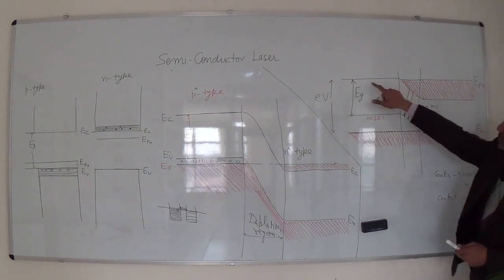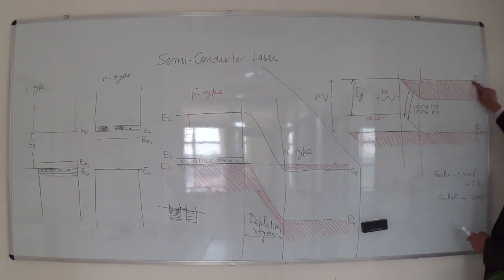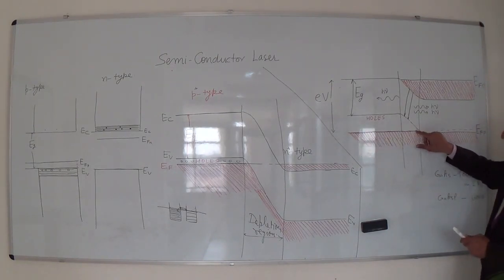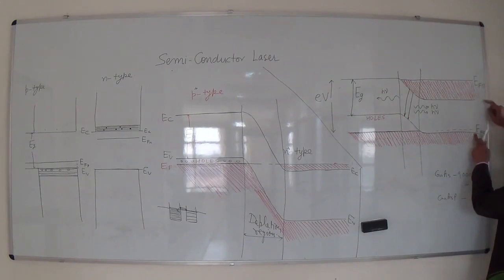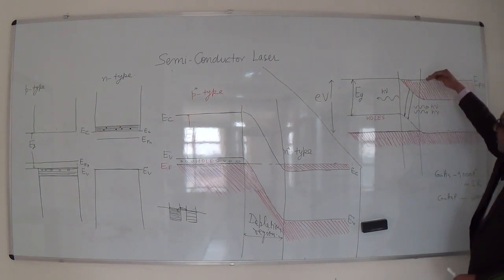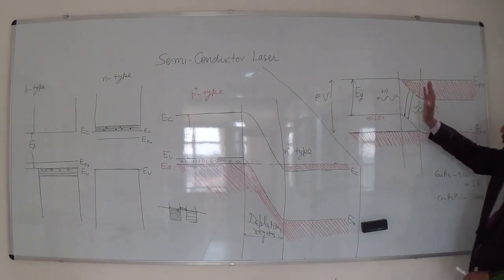This energy level is the bottom of the conduction band of p-type, and this line indicates the Fermi energy level towards the n-type. Here this is the Fermi energy level in the valence band, and that is very close or almost at the top of the valence band in the n-type semiconductor. This point is important. Here the Fermi energy level is almost at the bottom of the conduction band towards the p.